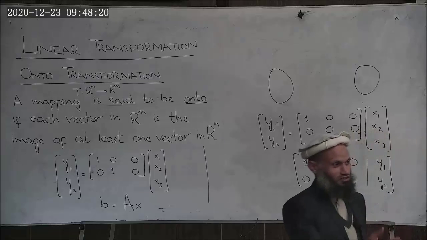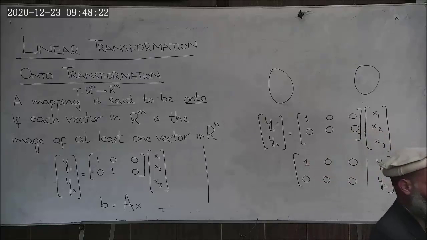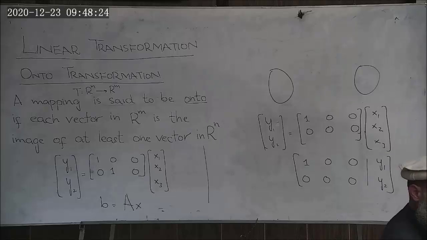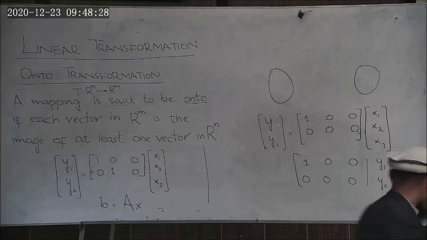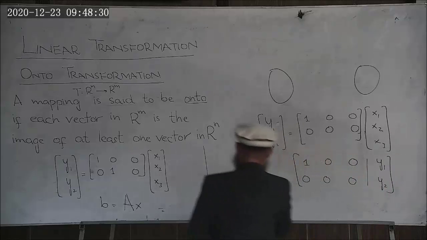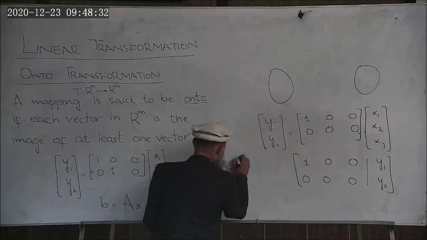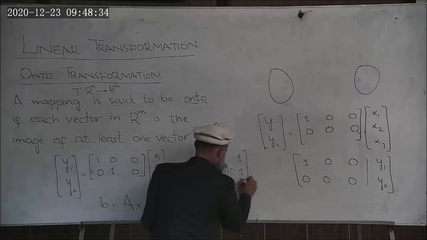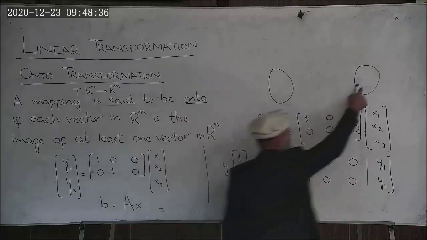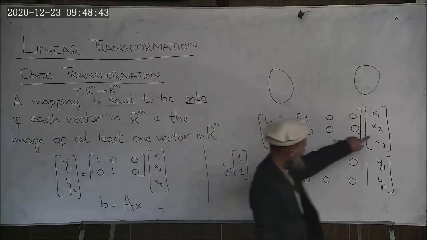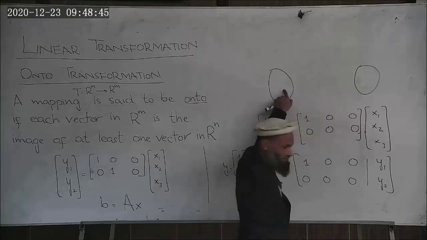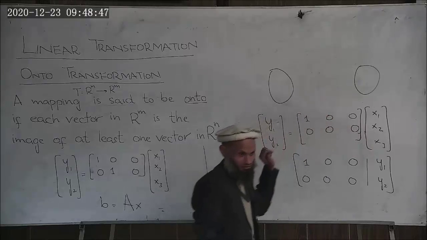Any confusion or question regarding this discussion? Ji. For example, if I have this vector 1, 1 in this space, corresponding to this vector, can you find a vector in this space for this transformation?